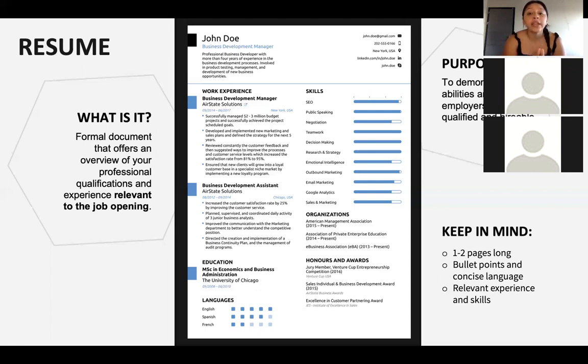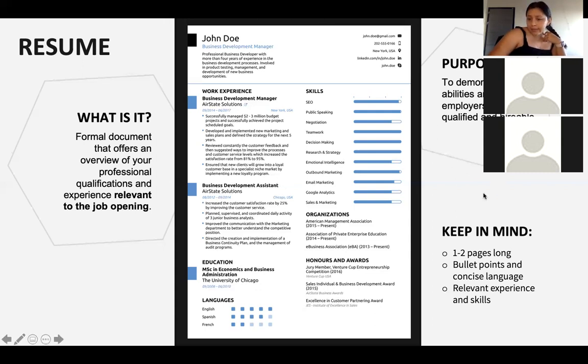You have to be really careful to write in a formal way too, so good grammar, good vocabulary, and no slang or words that you use for just casual conversations. And then the other part, as I said before, you have to showcase relevant experience and skills.